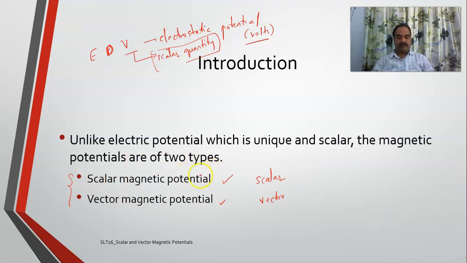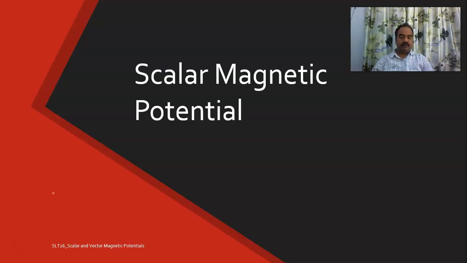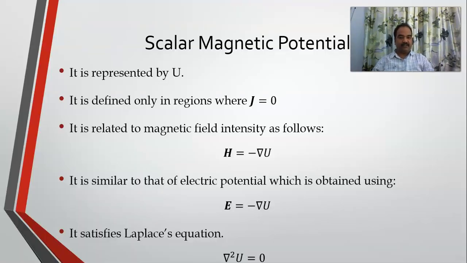Normally, electric potential is represented as V. Scalar magnetic potential is represented as U, and it is a scalar, whereas vector magnetic potential is represented as capital A, and it is a vector. Now, we'll start with a small introduction to scalar magnetic potential.